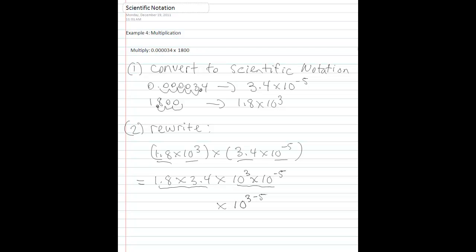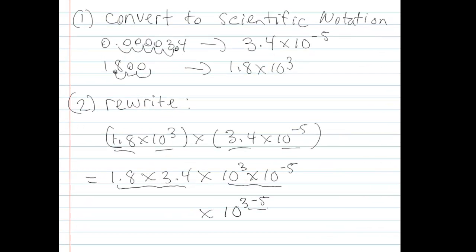Because if you have two numbers multiplied by each other that have the same base, you can add their exponents. So I did 3 plus negative 5 to get this part here. And now, for the left side, I just do 1.8 times 3.4. So I get 6.12 times 10 to the 3 minus 5. Or, I get 6.12 times 10 to the negative 2.